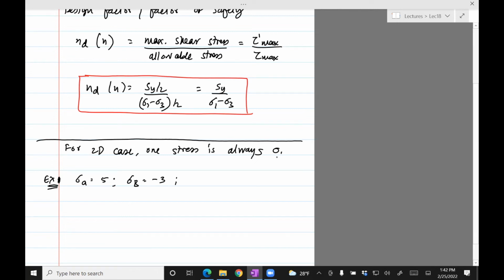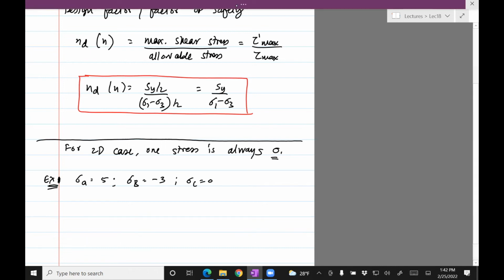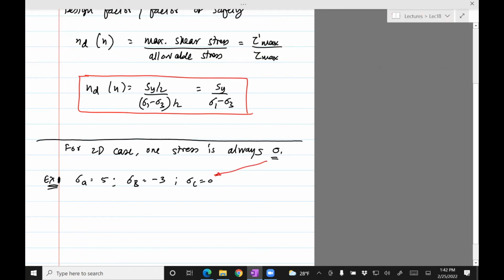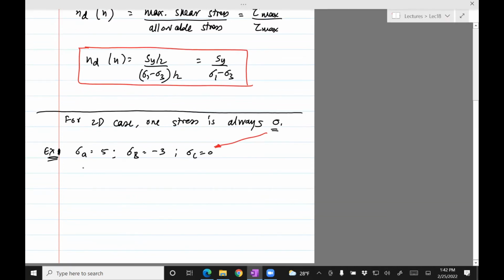One stress is always 0. The two stresses need not be 0, but the third stress you need to take as 0. That's where the logic is. Then arrange them in order, so sigma 1 is greater than sigma 2 is greater than sigma 3, which would be 5 is greater than 0 is greater than -3. So this is sigma 1, this is sigma 2, this is sigma 3.